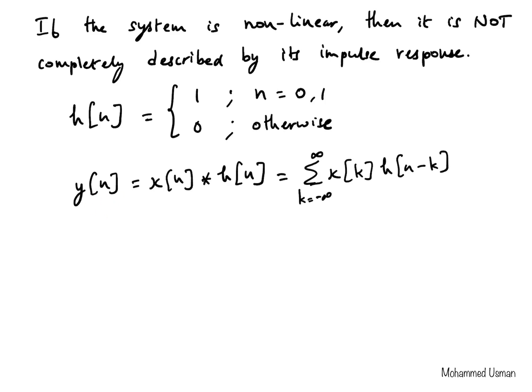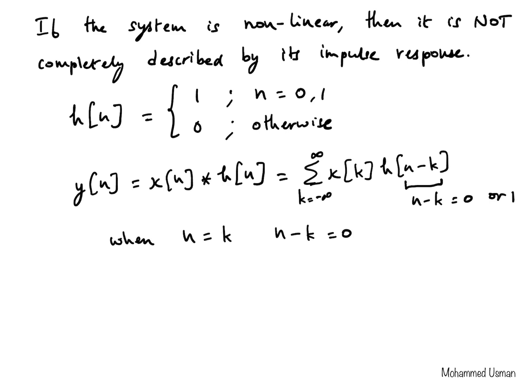So now basically we want to find the value of k at which n minus k equals 0 or 1. n minus k is going to be equal to 0 when n equals k.